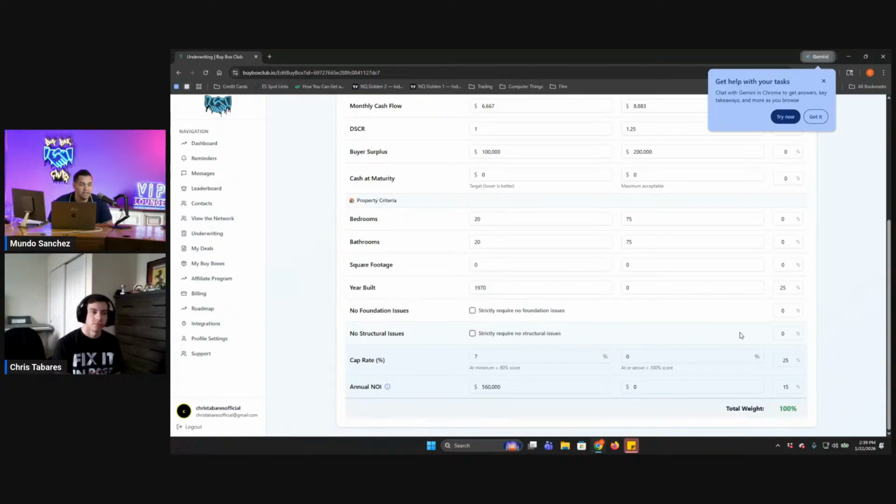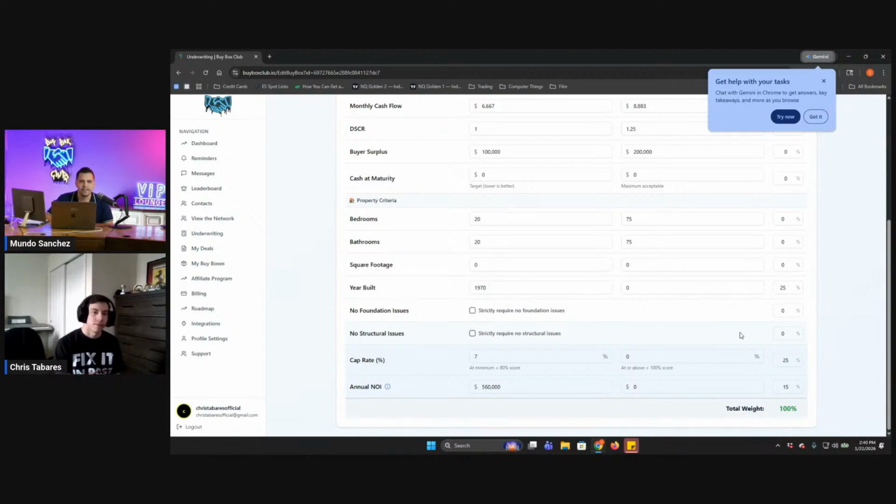For me, 80% or above basically means yes, I would buy the deal. 70% or above basically means it might be a deal. It probably needs a little bit of tweaking in some areas, but it's a high enough score for me to take another look and dive in and enter into negotiations, right?